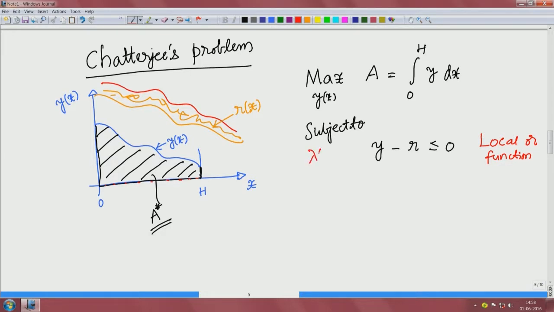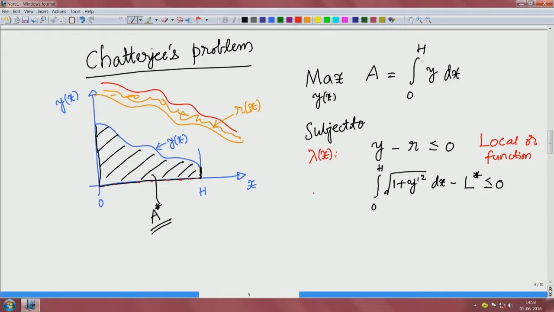There will be a corresponding Lagrange multiplier function there. We also have the constraint that the farmer has imposed, which is the length of the fence. Length of the fence, the integral from 0 to h of square root of 1 plus y prime squared dx, minus some chosen L star, is less than or equal to 0.